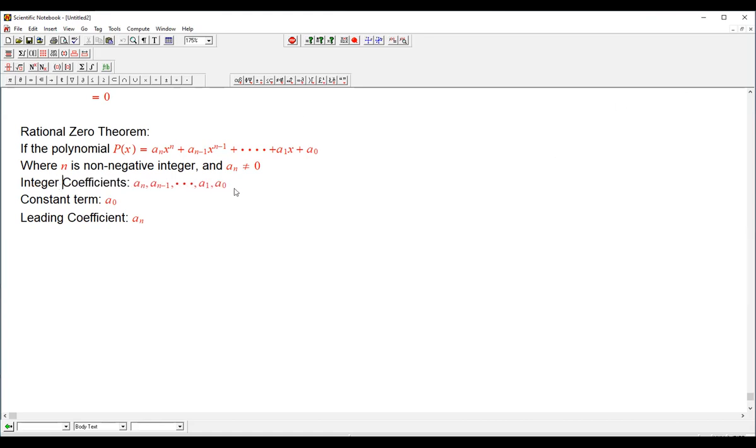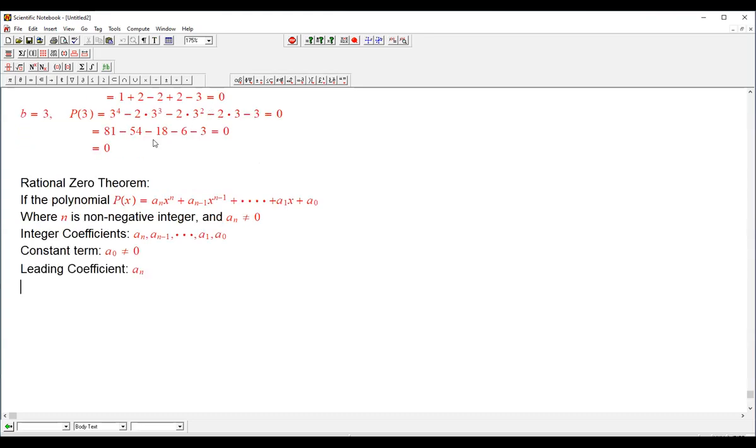All the coefficients are integers, including the leading coefficient. The constant term is a sub 0, and we assume a sub n is not equal to 0. We assume the constant is not 0 as well.